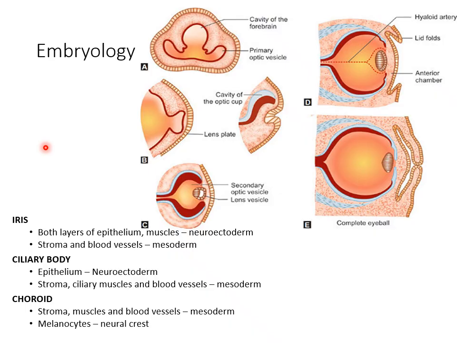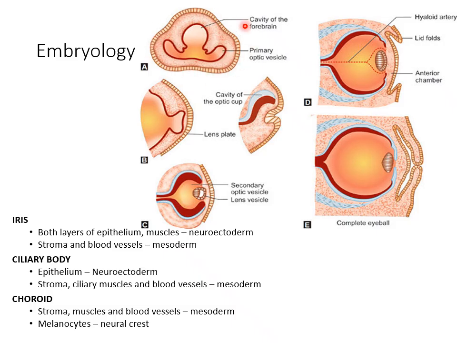A little bit about the embryology. You see that's the cavity of the forebrain, the prosencephalon, where the eye develops. The primary optic vesicle is an outpouching of the forebrain. The maroon line is the neuroectoderm, the hashed line is the surface ectoderm, and in between is the mesoderm.